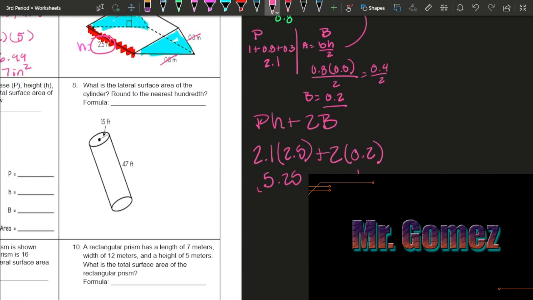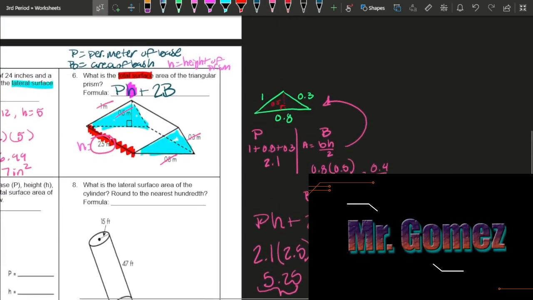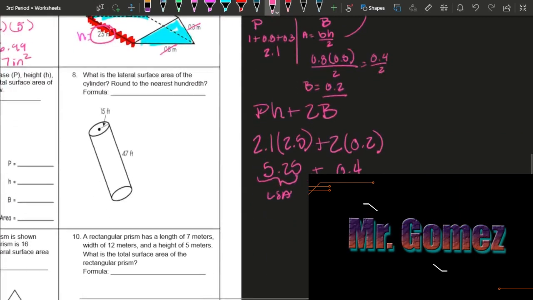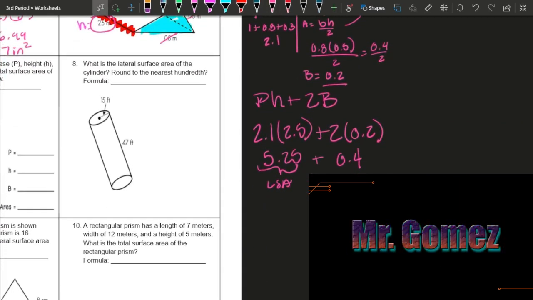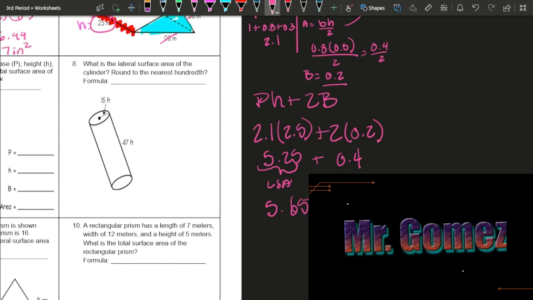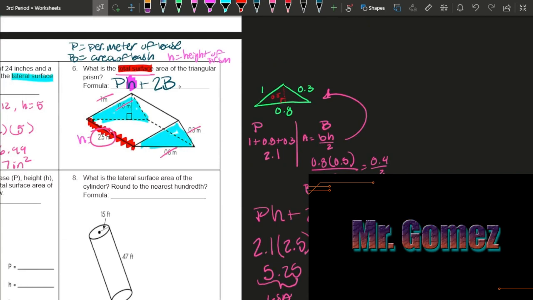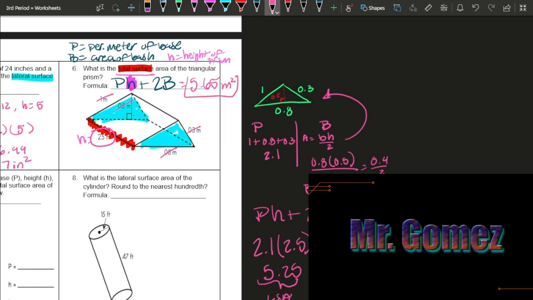This right here will be the lateral surface area only, but we don't need it. We need the total surface area. So when we add those two, I get 5.65, and these are meters squared. So what is the total surface area? 5.65 meters squared. Any questions so far?